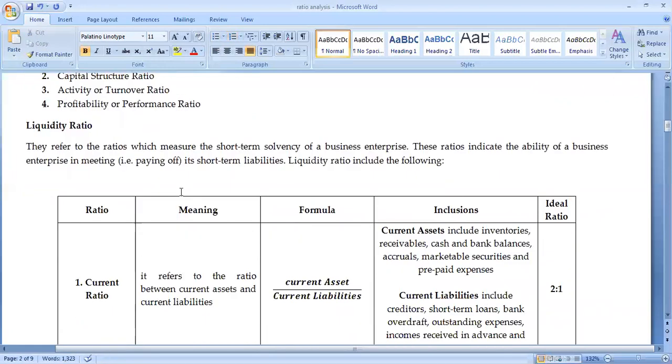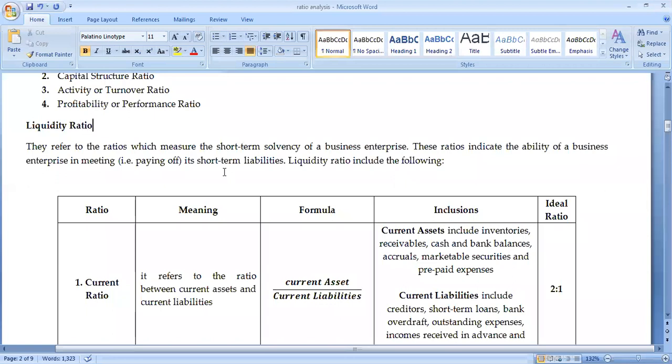So what is liquidity ratio? Liquidity ratio is the ratio used to measure the short-term solvency of a business enterprise. In simple terms, liquidity ratio is the ability of the company to meet its financial obligations.